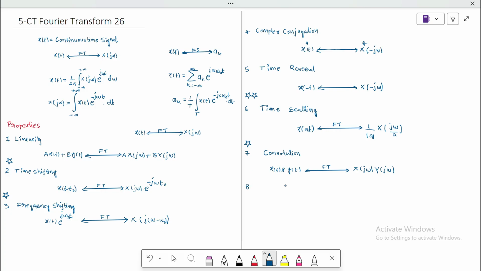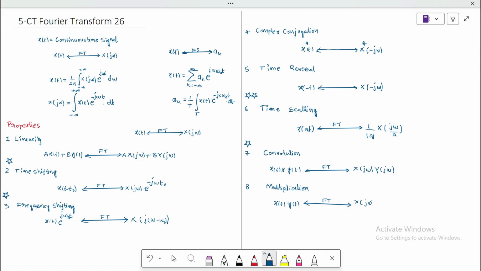Similarly, multiplication in the time domain. Now this multiplication happens in the time domain: x of t into y of t. What will happen in the frequency domain? It is simple: multiplication in the time domain becomes convolution in the frequency domain.